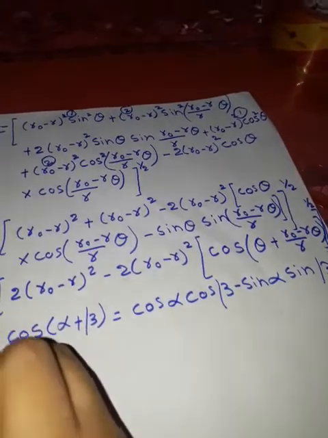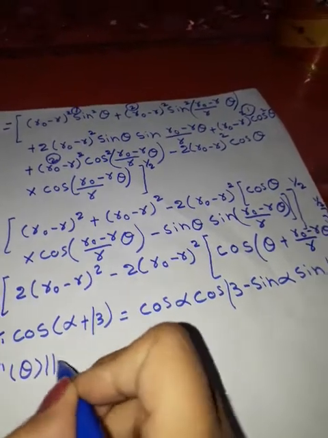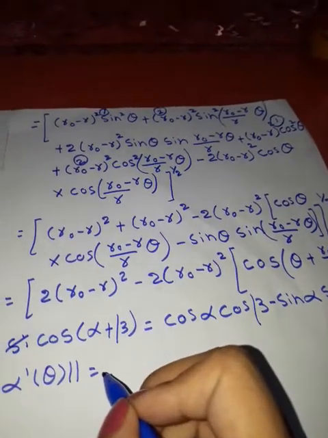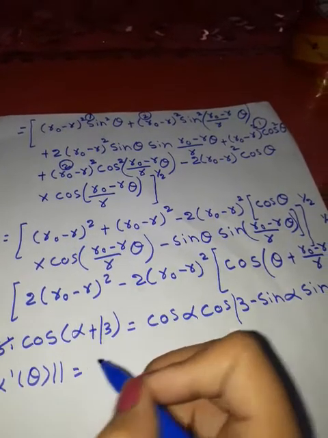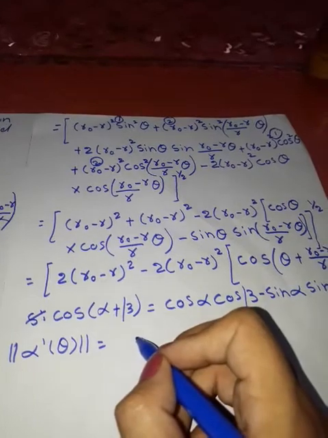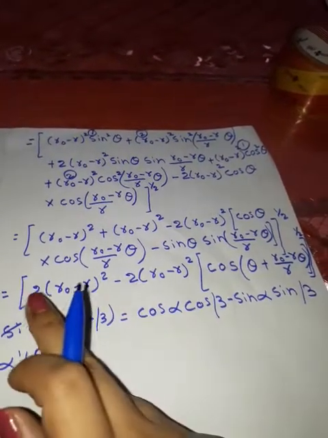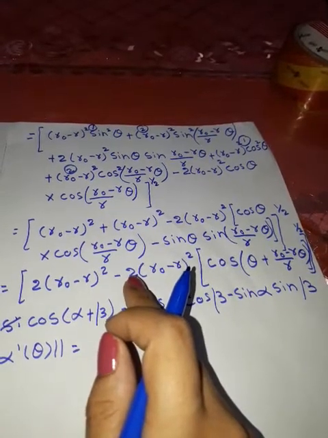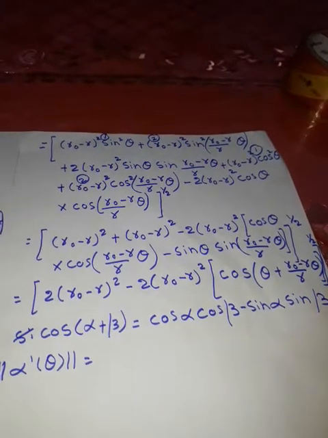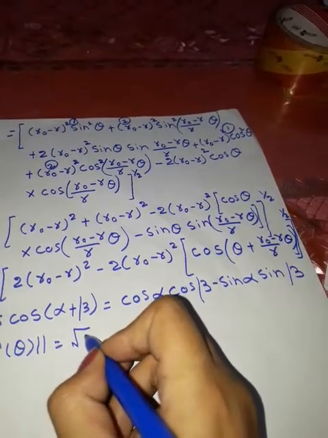So I have magnitude of alpha prime of theta is equal to, here I can take this 2 common, and when I take it outside from the square root, I will have under root 2.